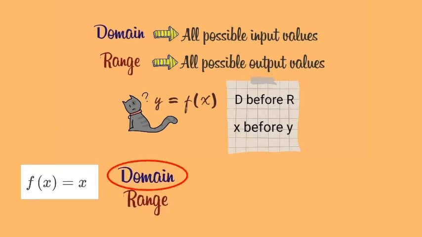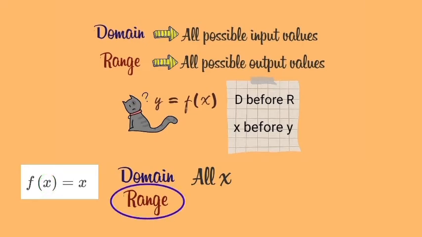The domain will be all the values x can take. In this function, x can take any value. Yes, just about any value. So the domain is all x. And the range, which is y, or the output, can also take all the values that x takes. So the range will be all y values.